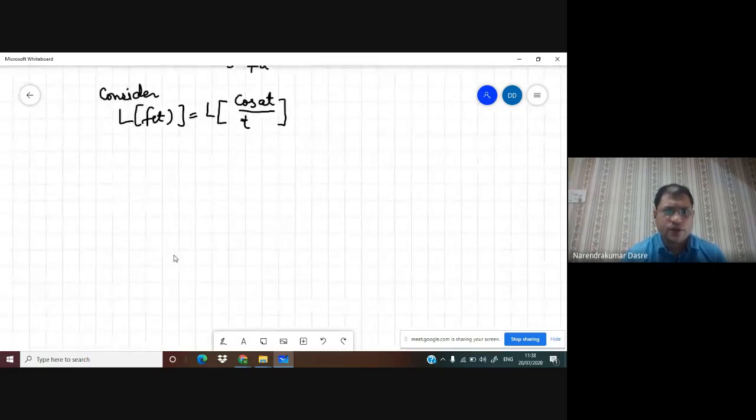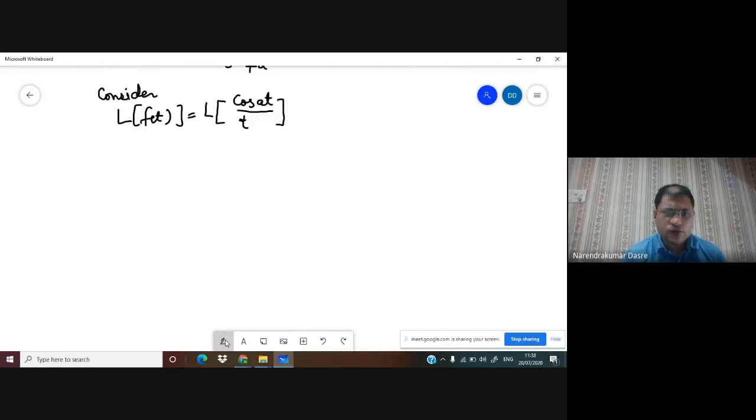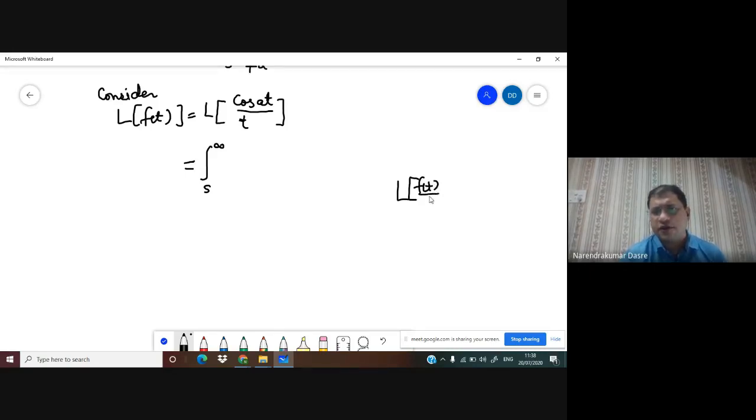Now, because of the division by t property, we can have the integral from s to infinity. What we know is, Laplace transform of f of t upon t is equal to integral from s to infinity of f bar of s ds.